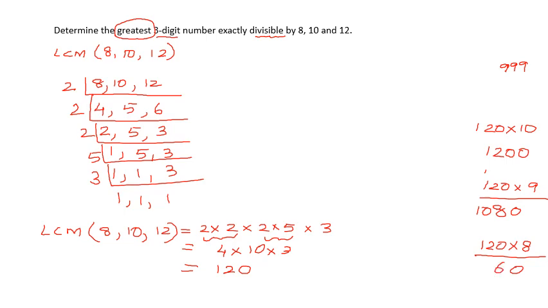Carry over 1. 8 1s are 8. 8 plus 1, 9. 960. Okay, 960. After that, when you multiply by 9, you are getting a 4-digit number. So which is the greatest 3-digit number you are getting? It is 960.